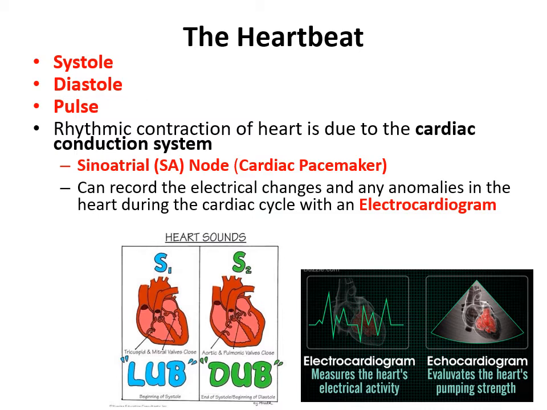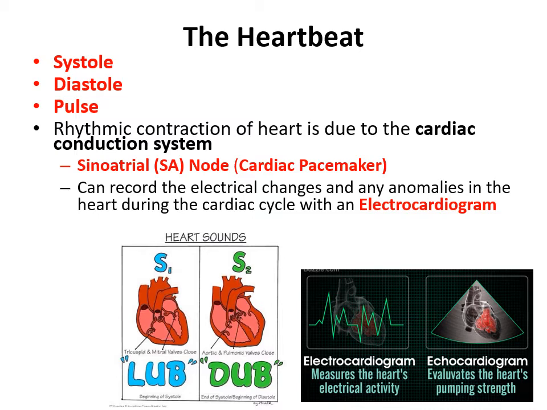And that's based on the SA node, okay? Not writing an essay, it stands for sinoatrial. And that's in the wall of the right atria. And because that initiates the heartbeat, that's what's called the cardiac pacemaker, because it's setting the pace for that heartbeat. Okay? It's setting the electrical signal for the heartbeat.